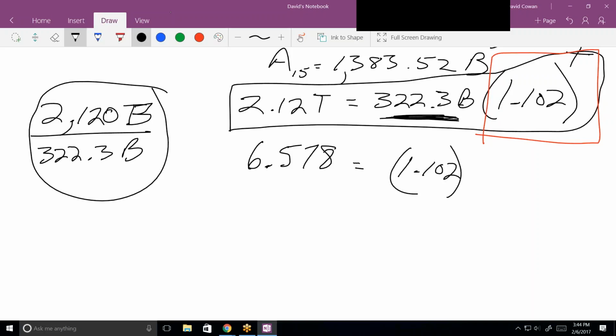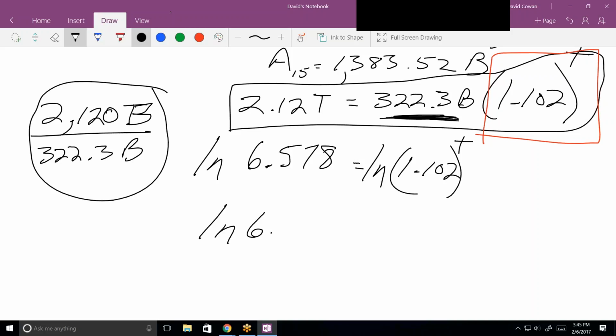1.102 to the t power. How do I solve for t? Root t both sides? I like it, but remember logarithms. You have to solve exponential equations by using logarithms. And the reason is if I take the log of both sides, in other words, the natural log of that side and the natural log of that side, now I can apply the properties of logs that allows me to bring this exponent down in front.